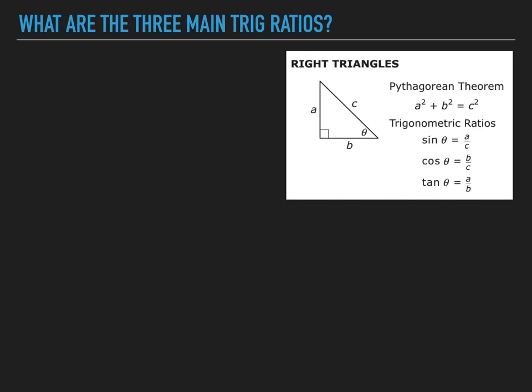Given this right triangle with that interesting little Greek letter called theta, that's the measure of an angle. It's an unknown measure. So the sine of theta, according to my math MCAS reference sheet, is A over C. The cosine of theta is going to be B over C. And the tangent of theta doesn't involve C, it involves A over B.